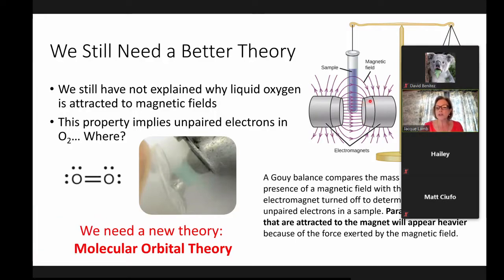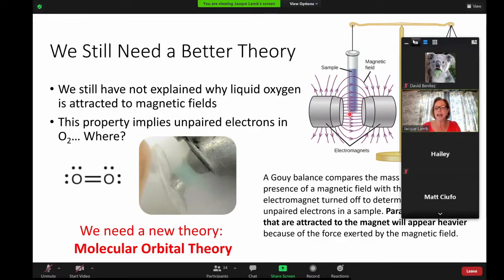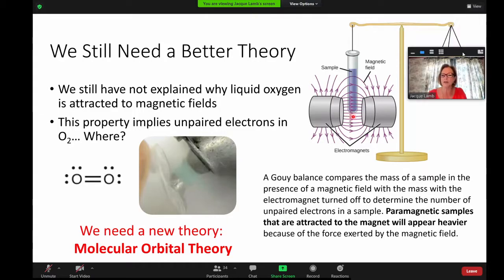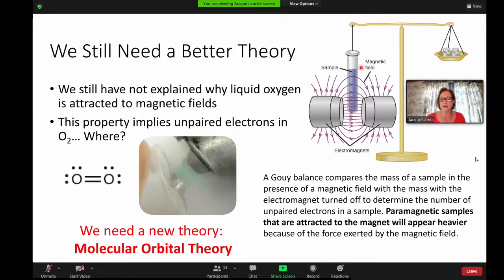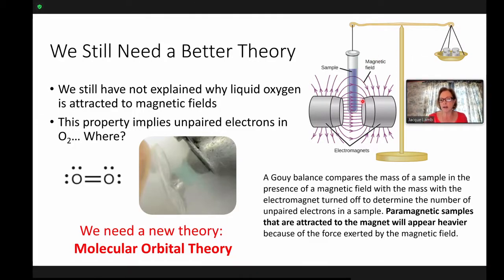In the first place, you would measure it without exposing it to these electromagnets and balance its mass. But then if you turn on these electromagnets, if this sample is magnetic, the action of the magnets would be to drag that sample down, to hold it back and not allow it to be measured in the same way. And it will appear to be heavier.